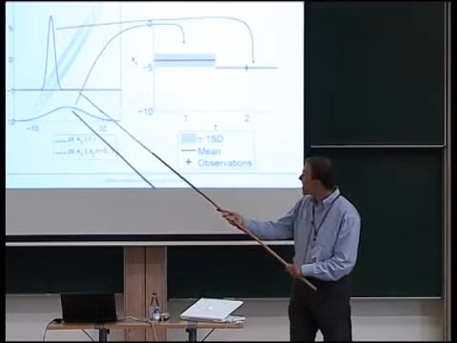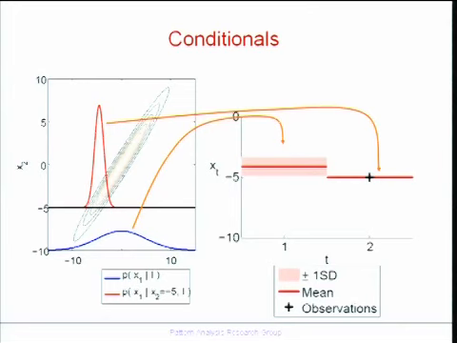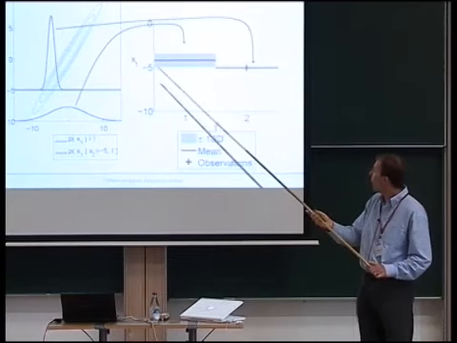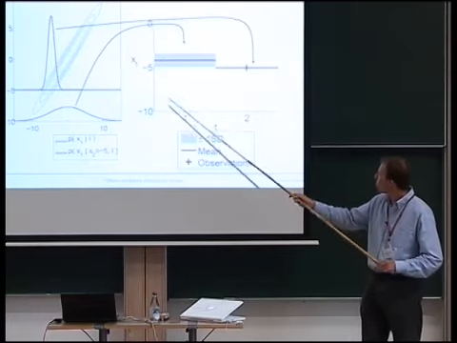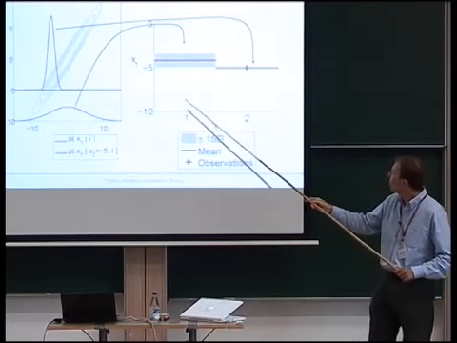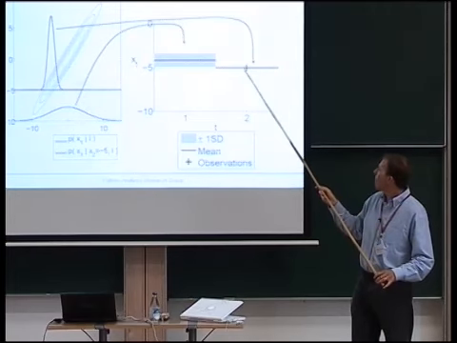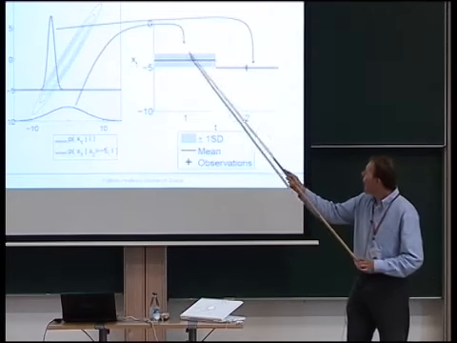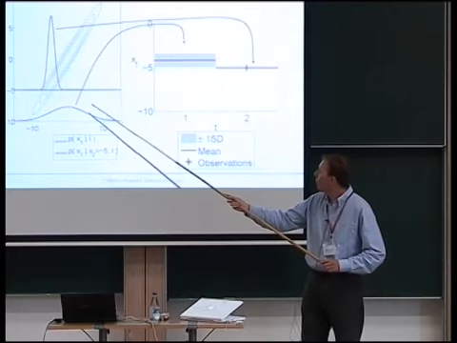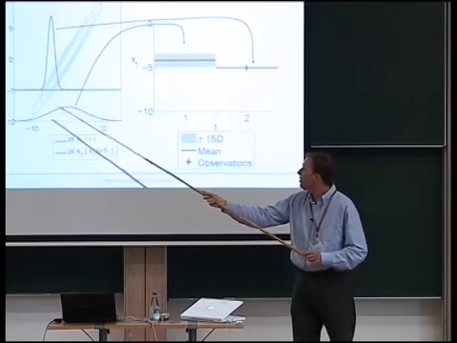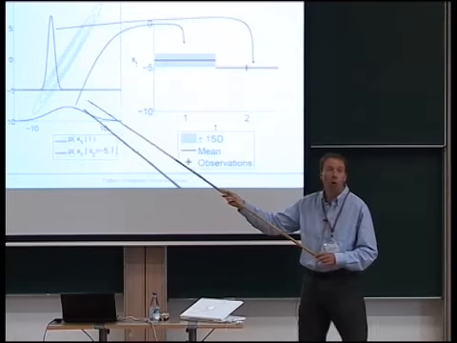So if we take these conditional distributions, the marginal and the conditional here, and project them out in a slightly different way, which is to say here is x1 and here is x2, before we'd observed x2 lying at the value of -5, the error bars on x1 were rather large. In other words, they were in the region of about standard deviation plus or minus 4 on this diagram.